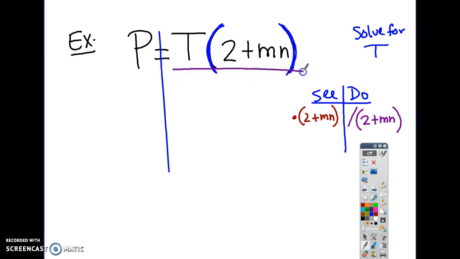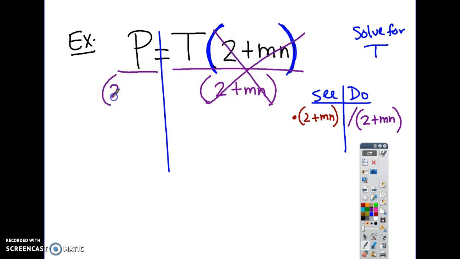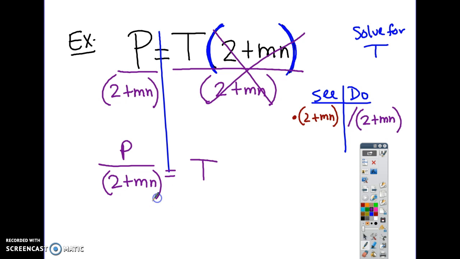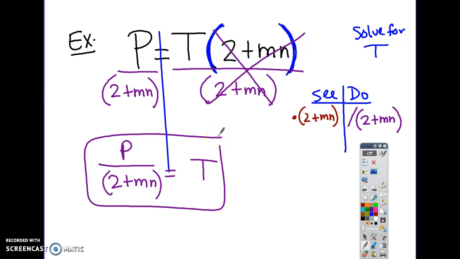So we're going to divide by 2 plus MN so it can cancel. The other side too, divide by 2 plus MN, and then that'll be your answer. So T equals P all over 2 plus MN. And you would look for that as the answer. Okay, it's pretty easy. If you see multiplication, you just divide.